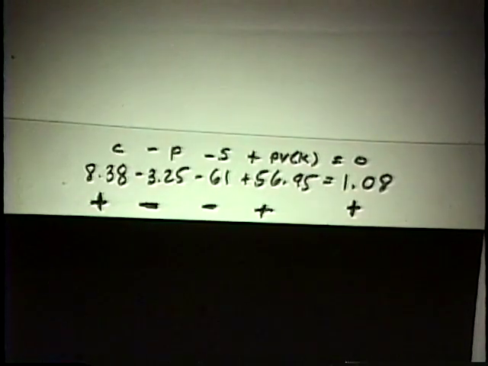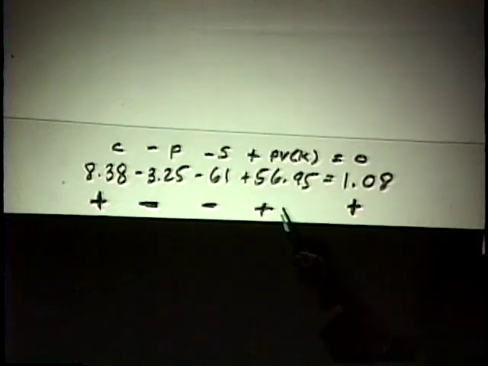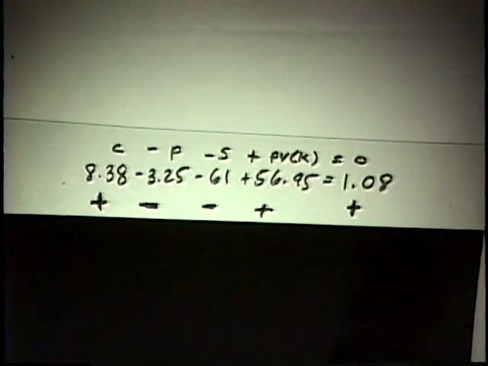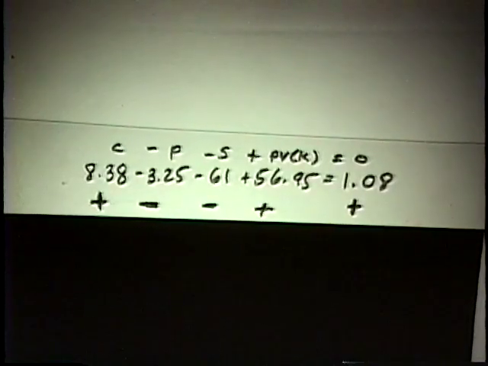So 8.38, that's a positive number. And minus 3.25 is a negative, minus 61. I just put the signs of these numbers in. And then think through, how can I get a positive cash flow of 8.38 today? What sort of transaction, what action do I take to get a positive cash flow of 8.38?